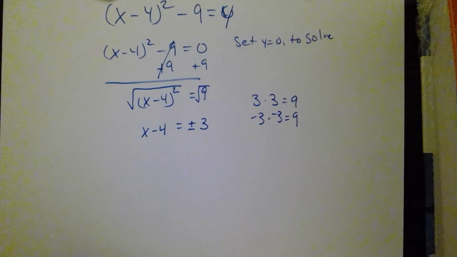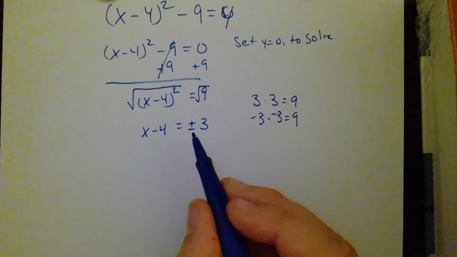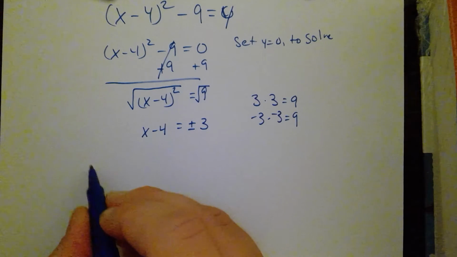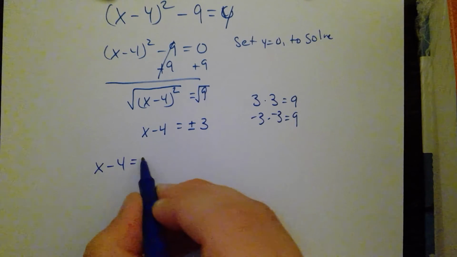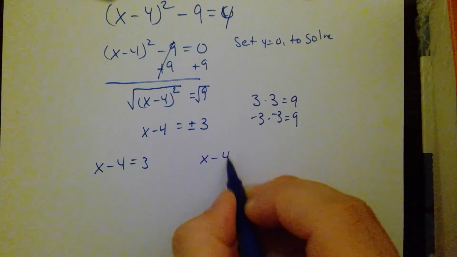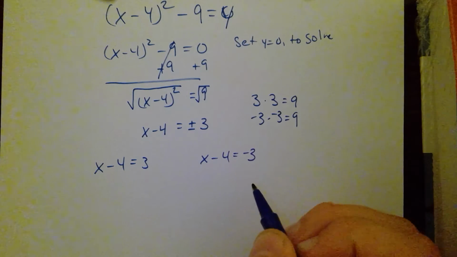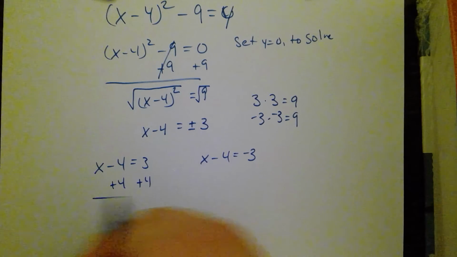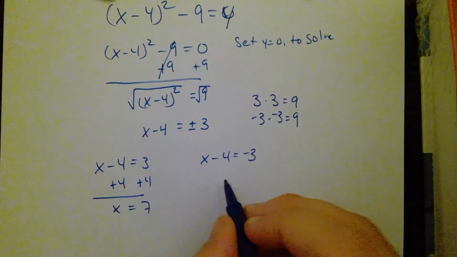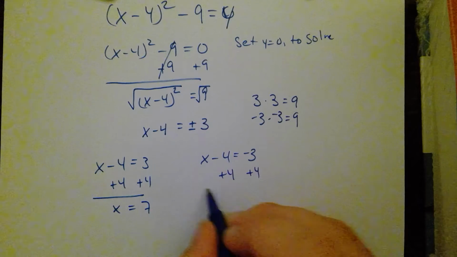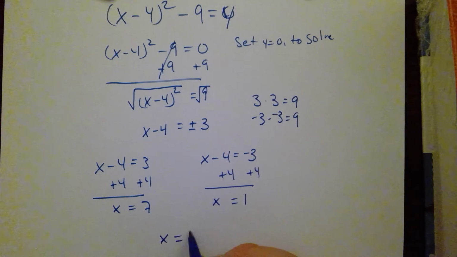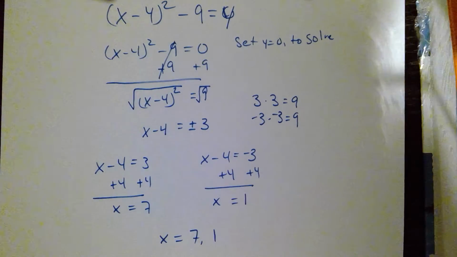Now I'm going to write two equations here because I think it's too difficult to see plus and minus here. I'm going to think of it as two separate equations. x minus 4 equals 3. x minus 4 equals negative 3. Now we can solve these simple one-step equations. x equals 7 and 1.